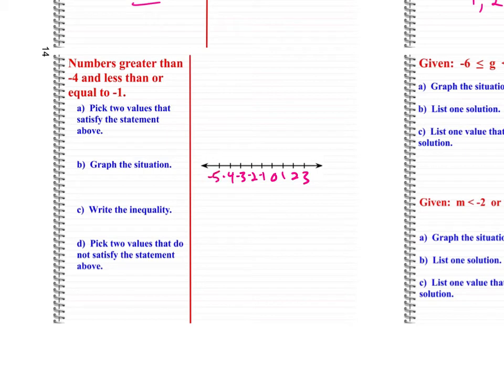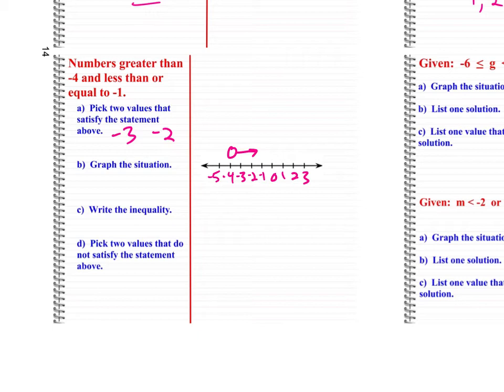Pick two values that satisfy this statement. Numbers greater than -4, something like -3. Less than or equal to -1, something like -2 would be a great number there. Now graph the situation. Greater than -4 would be these numbers bigger than it.